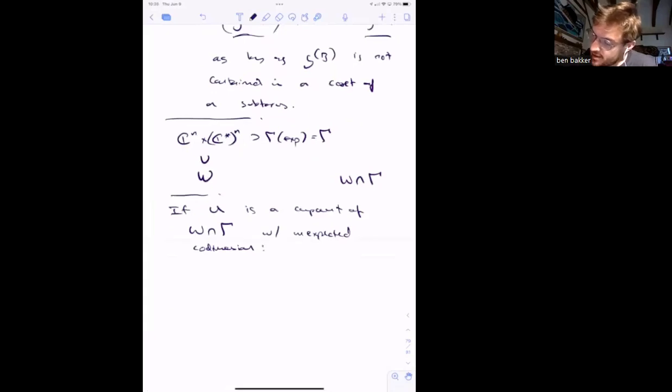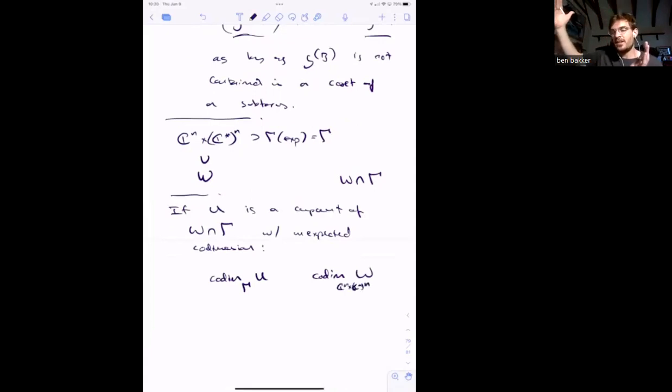by which I mean, we would expect that the codimension of U inside gamma should be equal to the codimension of W inside of C^n cross C*^n. Because if we're intersecting with a codimension c subvariety, we expect codimension c.